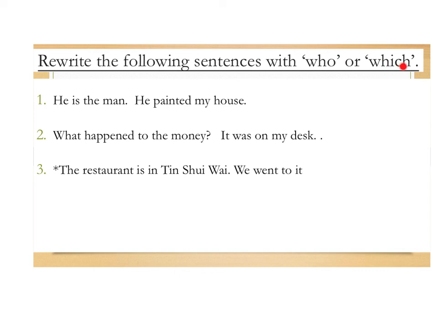Rewrite the following sentences with who or which. Number 1. He is the man. He painted my house. So, he painted my house. This part gives you more information about the man.